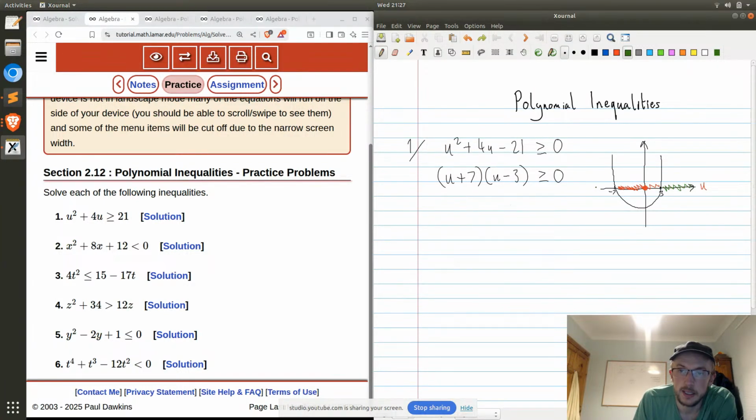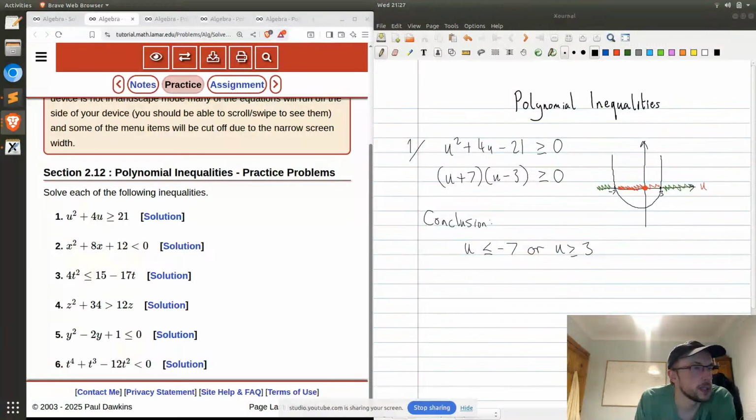Okay, so that's the logic. And so our conclusion is that u is less than or equal to -7 or greater than or equal to 3. And now we shall check.